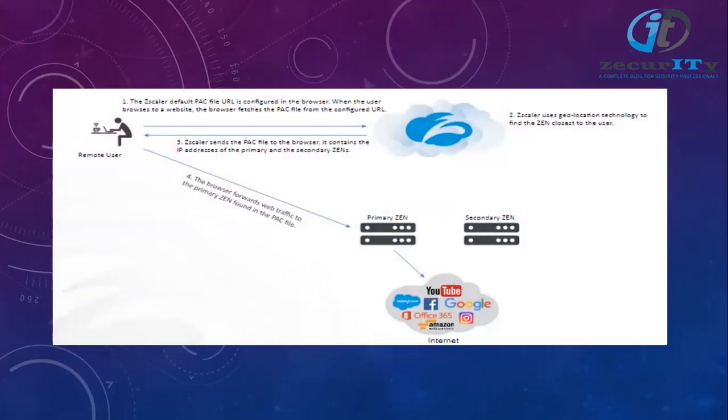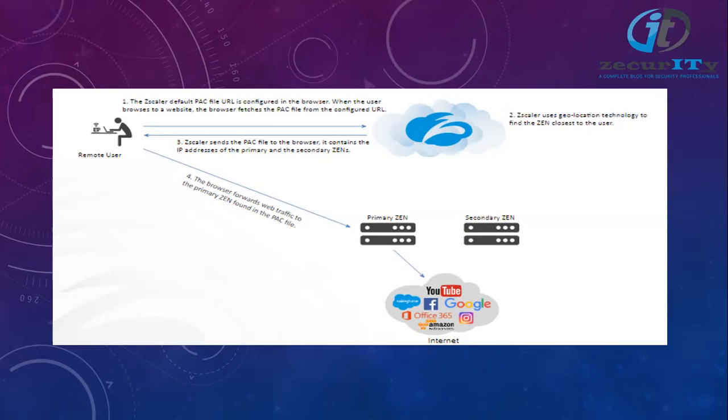When you are using PAC files, Zscaler has the option to host the PAC file on the Zscaler cloud itself. There will be a URL, and the URL needs to be fed into the browsers. When the user enters the PAC URL in the browser, Zscaler uses geolocation technology to find the Zen closest to the user.